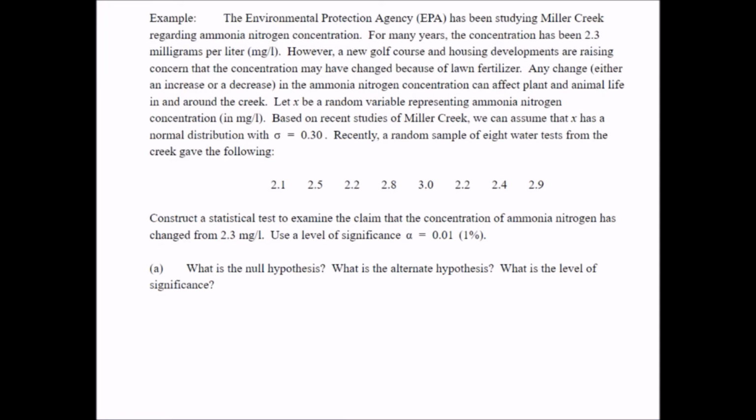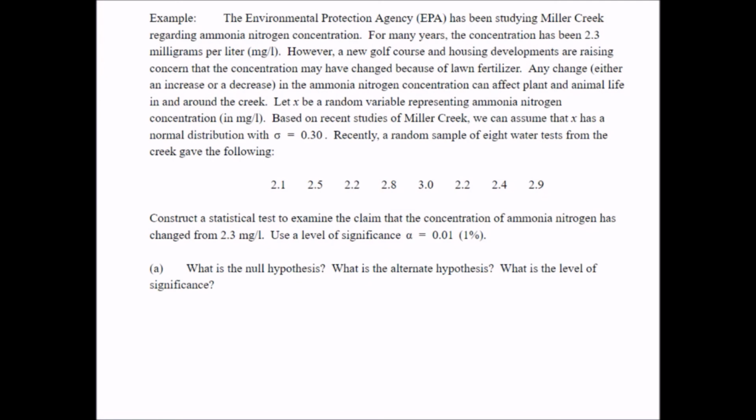So here are a couple of examples we're going to run through, and your calculator does a lot of this for you. Now, I'm not going to read the whole thing to you, but basically there's a creek. They're testing ammonia nitrogen concentration because a golf course and a housing development moved in, and the EPA is afraid that the fertilizer those things are using is harming the concentration levels of the creek.